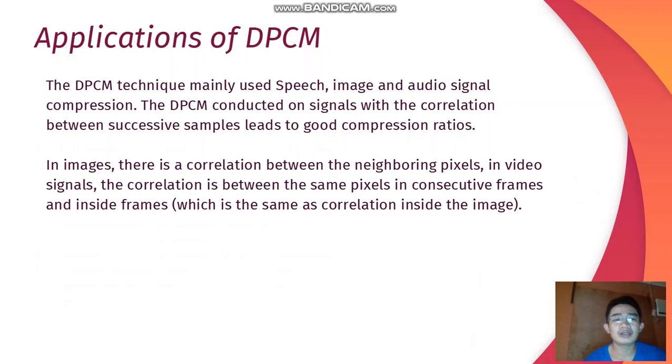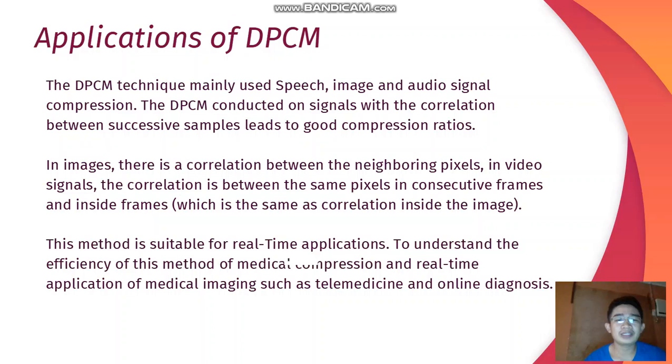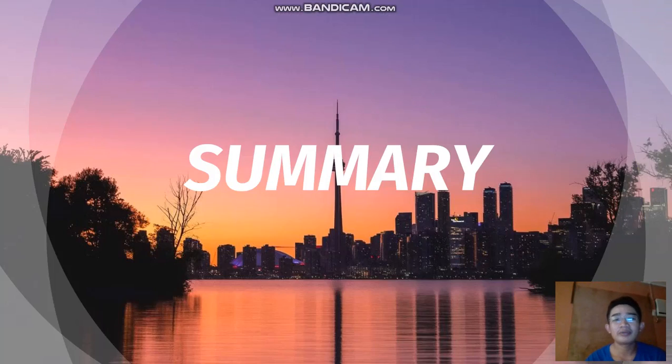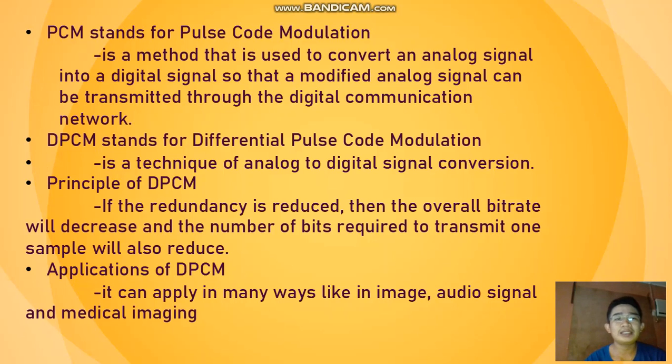In video signals, the correlation is between the same pixel in consecutive frames, which is the same as the correlation inside the image. This method is suitable for real-time applications such as medical imaging, telemedicine, and online diagnosis.